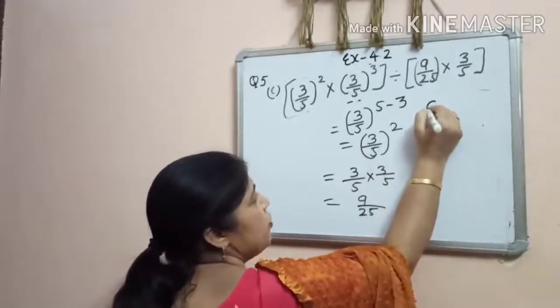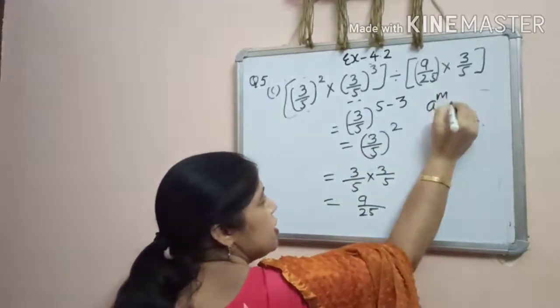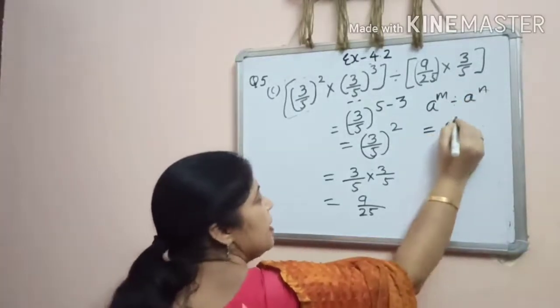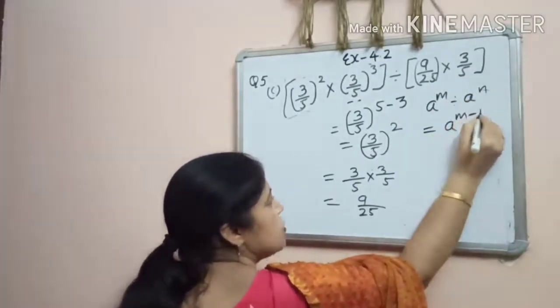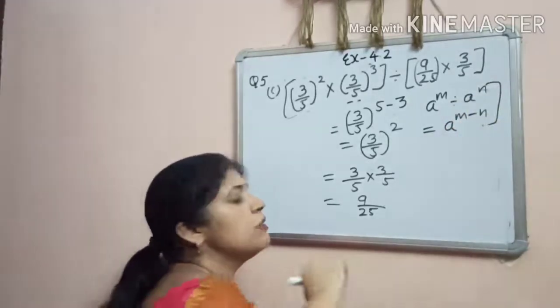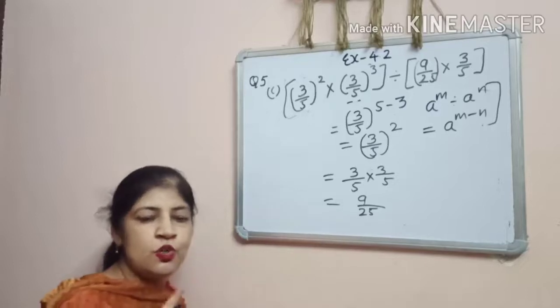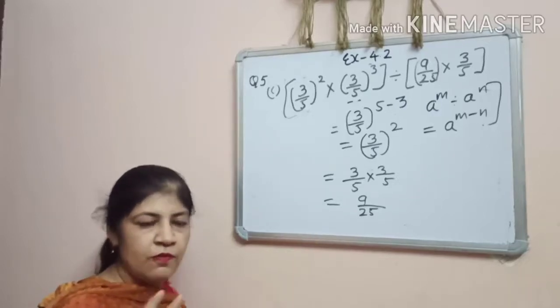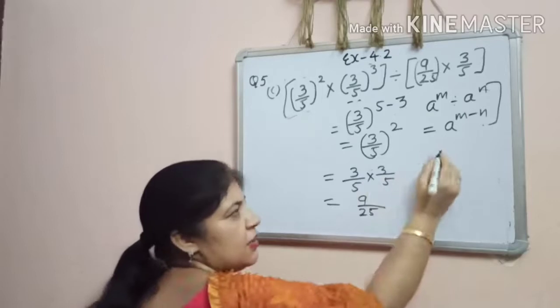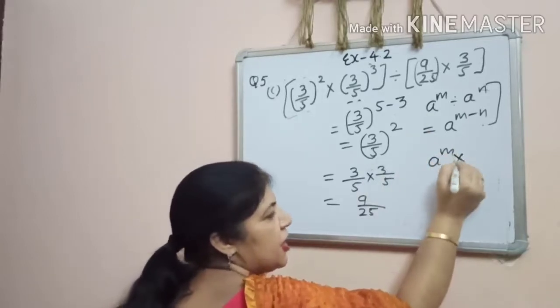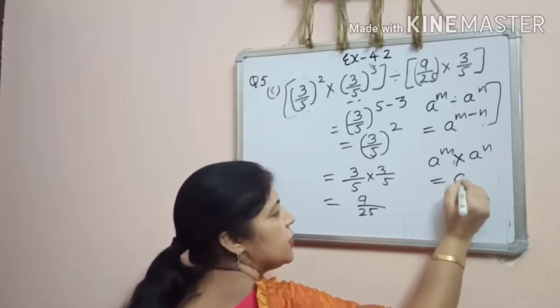And here you have to write the law as well. A raised to the power m divided by a raised to the power n, that is equal to a raised to the power m minus n. In this question, you have used 3 laws. One is bases are same, powers are different in case of multiplications.